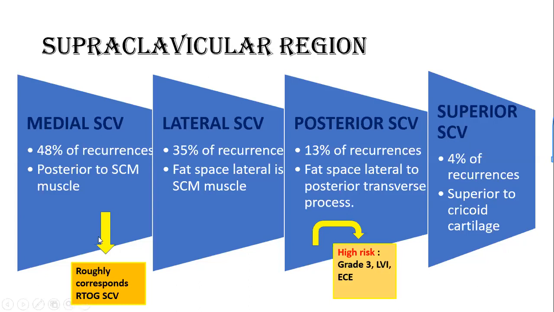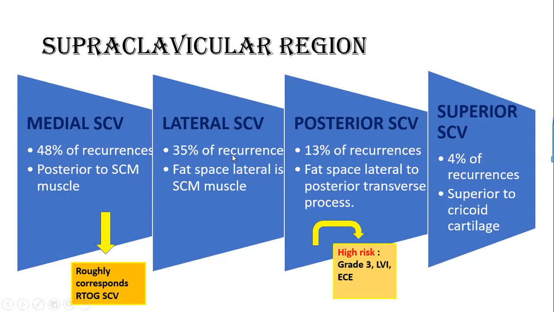So our RTOG volume roughly corresponds to this medial supraclavicular volume. That means whichever guidelines we follow, we are only covering till the medial supraclavicular volume. Forget about ESTRO; it will be even much lesser. So RTOG, even though it is a bigger volume, is only taking till here. It is not addressing the remaining 50% of the relapse patterns.